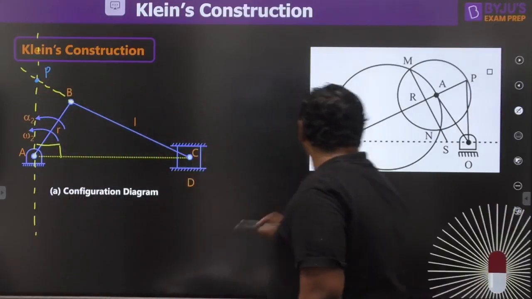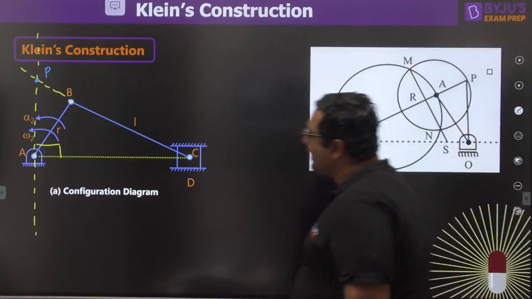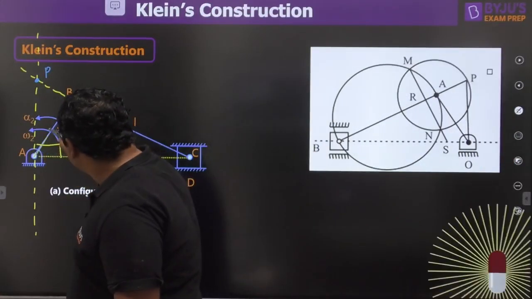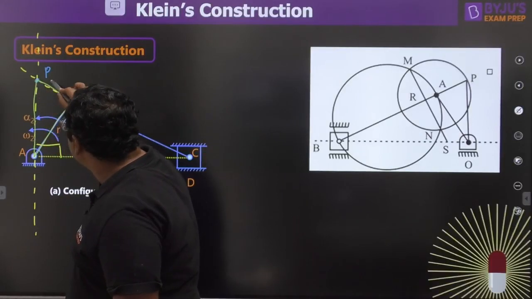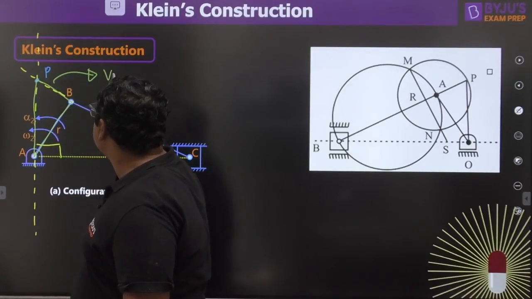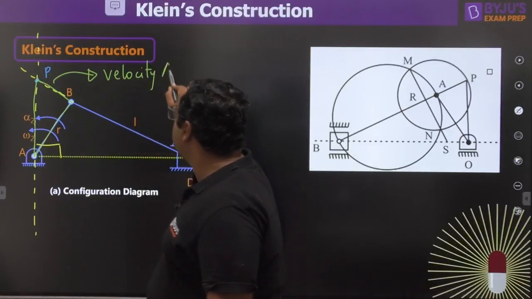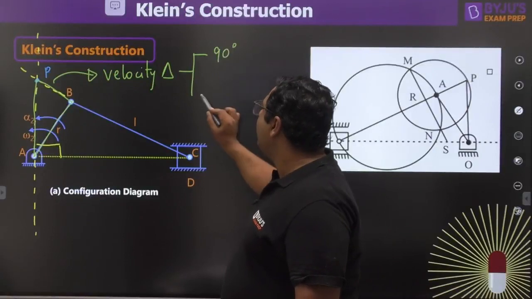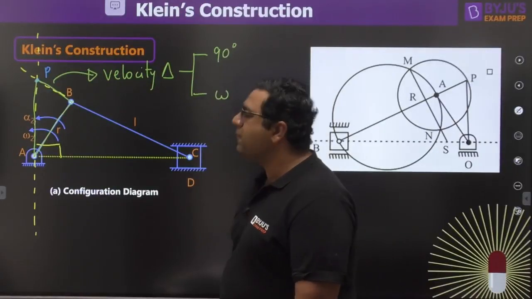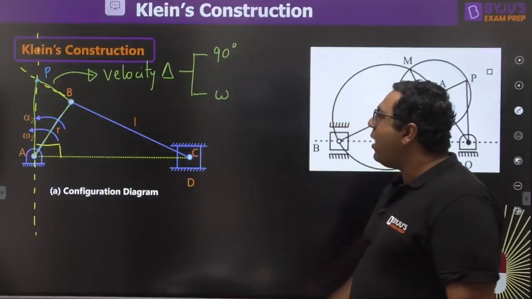So my dear, now Klein's says that if you can feel this triangle, this triangle is nothing but the same velocity triangle, oriented by 90 degree with a scale factor of omega. Actually, I must say a descaling factor of omega. Why am I saying this?